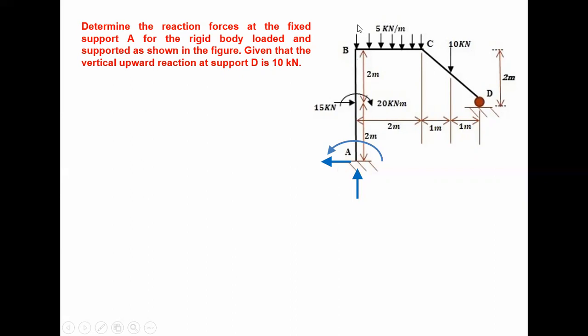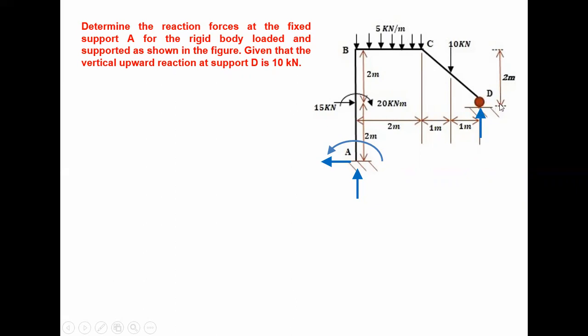Okay, and here 5 kilonewton per meter load UDL is acting vertically downward, so reaction at A we will take as vertically upward. The same thing we will do at point D. We will take vertical reaction vertically upward. Okay, right. So here you can see at point D it is a roller support, so we will take only vertical reaction.